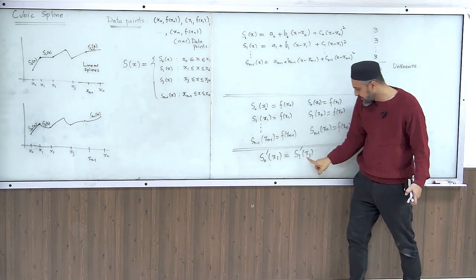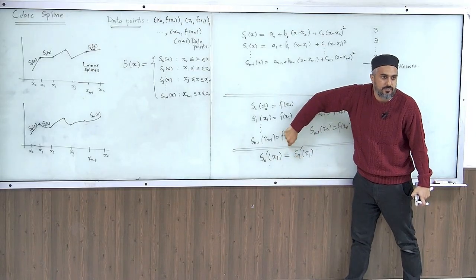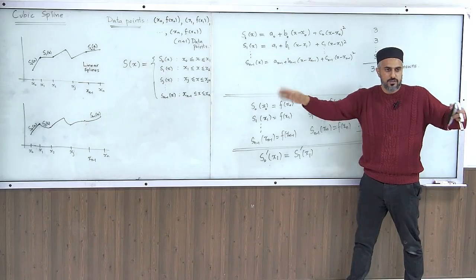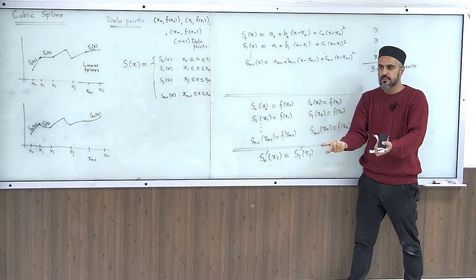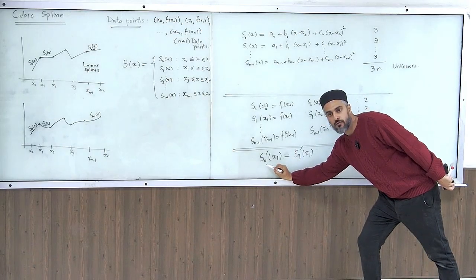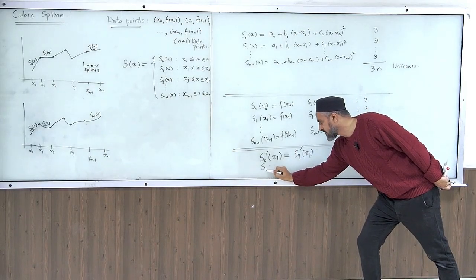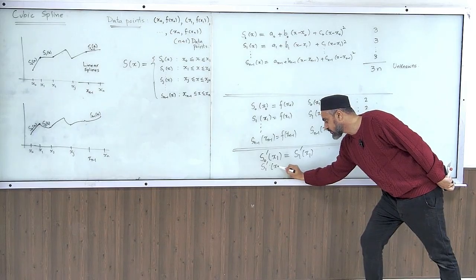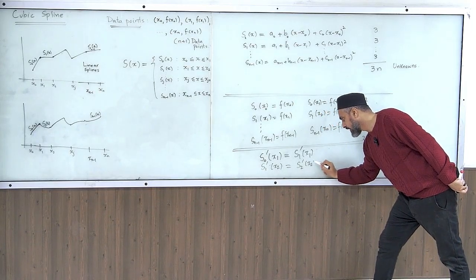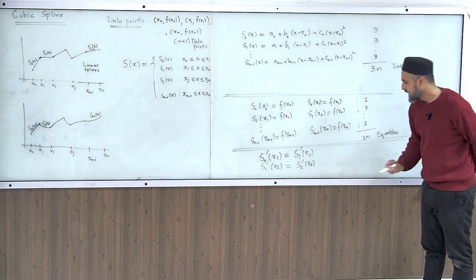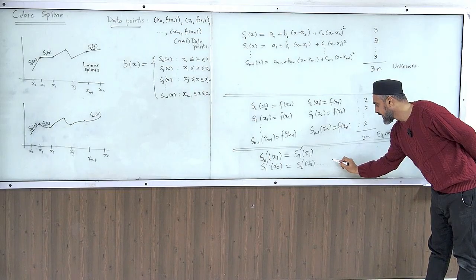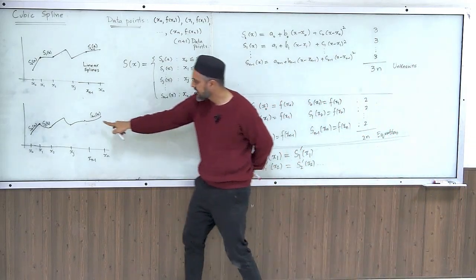At x1, both should have the same derivative value. We take the derivative of each individually and plug in x equals x1, and it must be the same. Then if we go to x2, we'll say the S1 derivative at x2 should be the same as the S2 derivative at x2. If we continue this observation, we come to Sn minus 1.